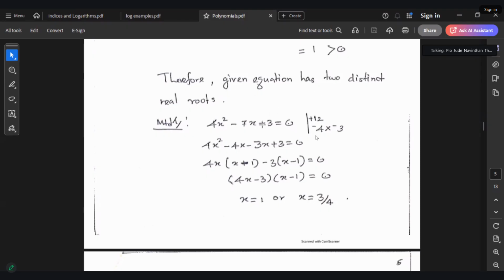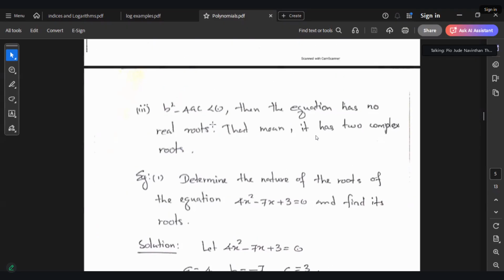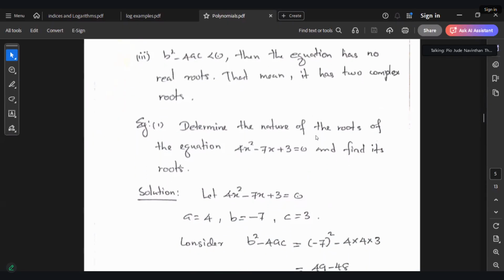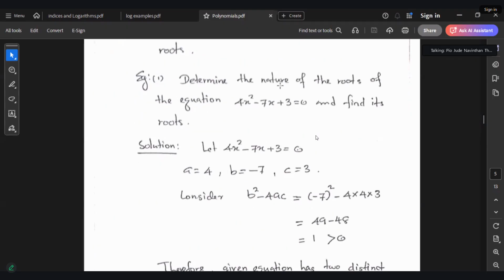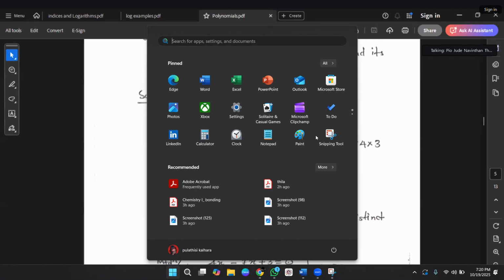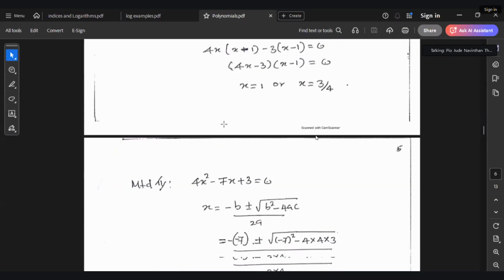Okay, and another method is there. Here, determine the roots and find its source. Yes, I already read that; the nature we are finding, and again they are asking to find its root. So here you can use the formula directly, otherwise you can factorize.